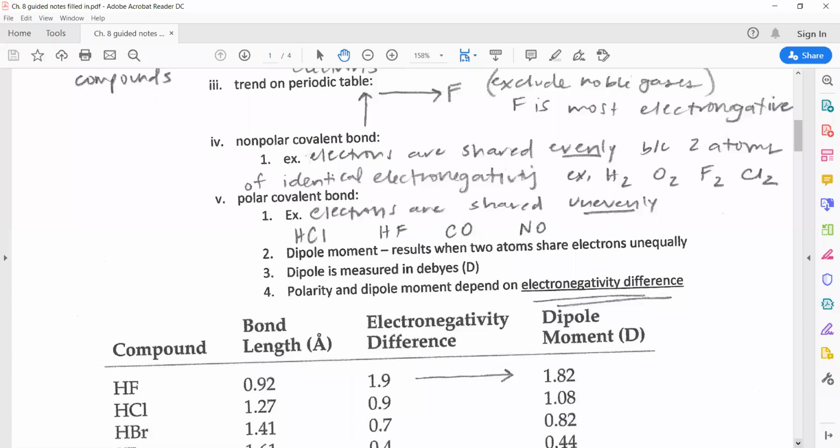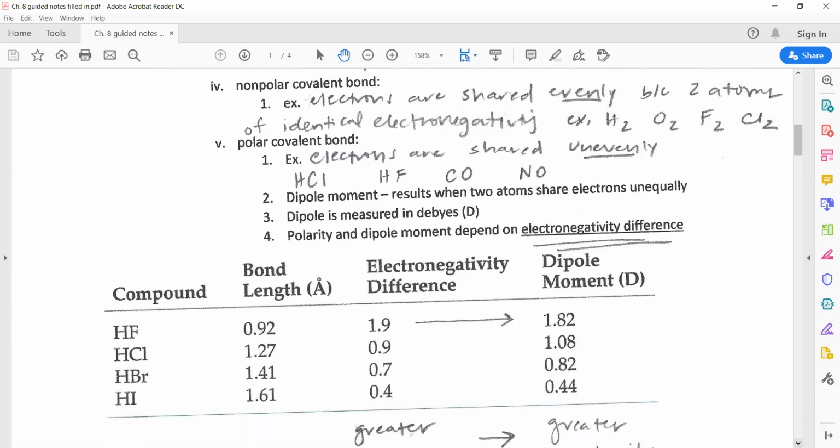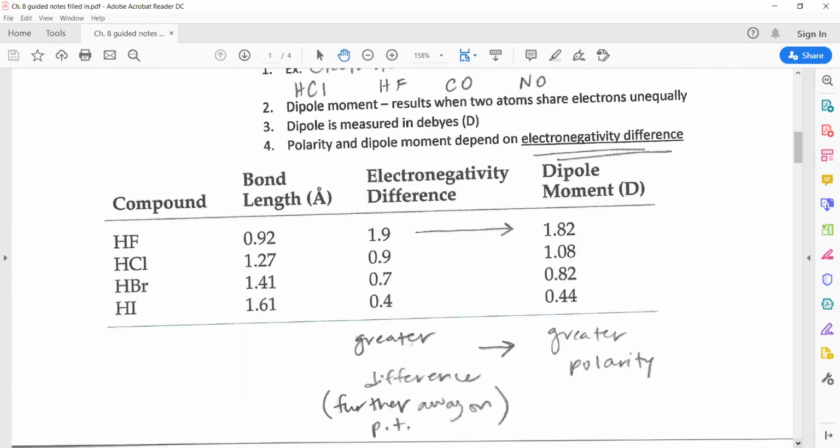Similarly, we can talk about this thing called a dipole moment, which is just a number. The dipole gives you a degree of polarity. We won't do any calculation with this, but what I want you to see here is the bigger the electronegativity difference, the bigger the polarity. You can look up a number value for electronegativity for every atom. H has a value and F has a value. What this chart tells me is that they differ by 1.9, and their dipole moment, which means how polar they are, is 1.82.